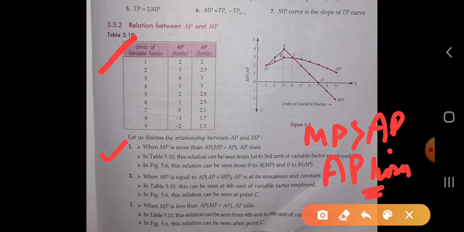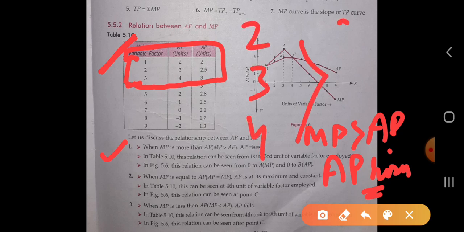In table 5.10, this relation can be seen from the first unit to the third unit. In figure 5.6, this relation can be seen from 0 to A and 0 to B. First see in the schedule that from the first unit to the third unit, the MP, the marginal product, is 2, 3, 4, which is more than the AP of 2, 2.5, and 3.